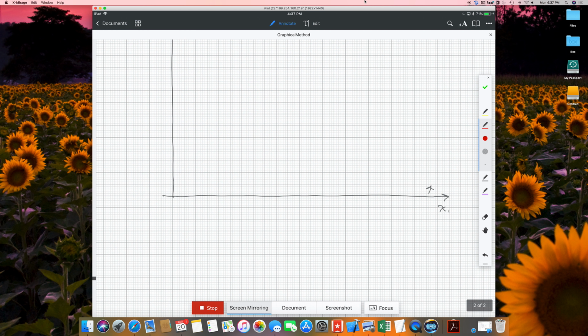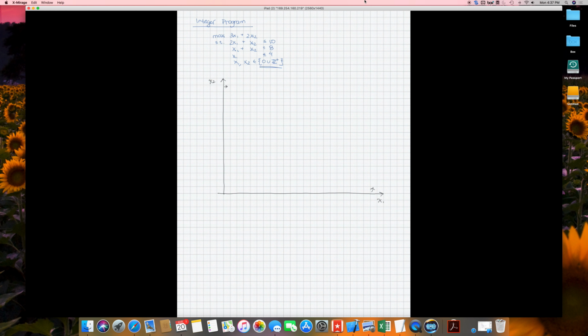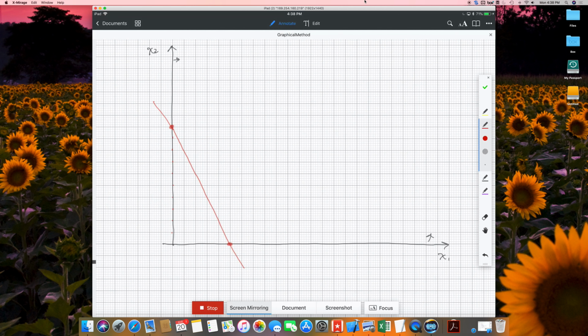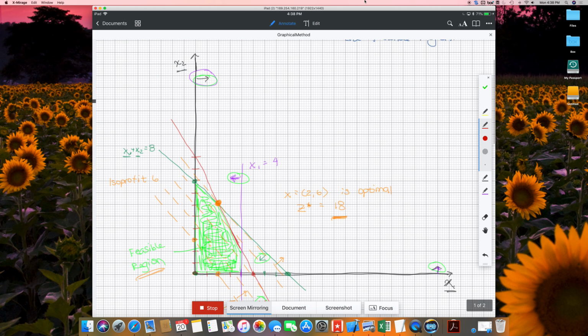Again, this is going to cross at x1 equal to 5, which is here, and x2 equal to 10, which is right here. I'm going to draw the line through this, and this here is 2x1 plus x2 equal to 10.